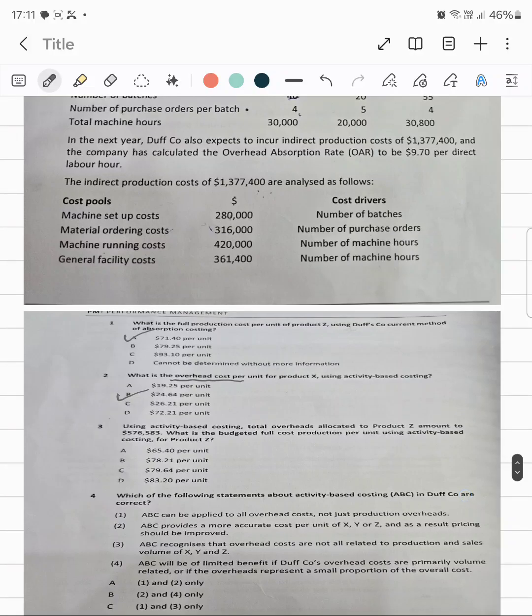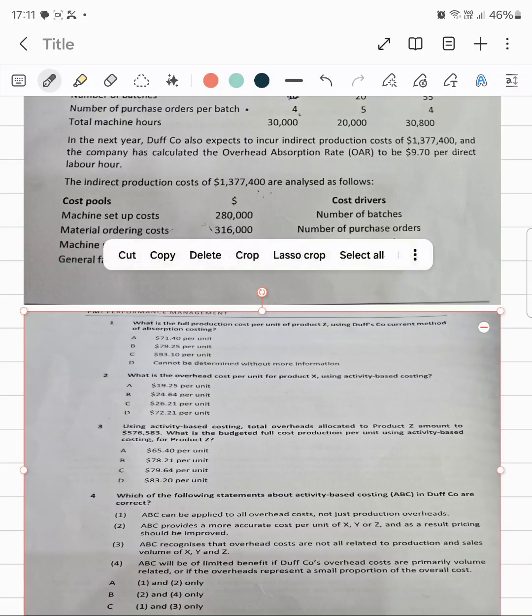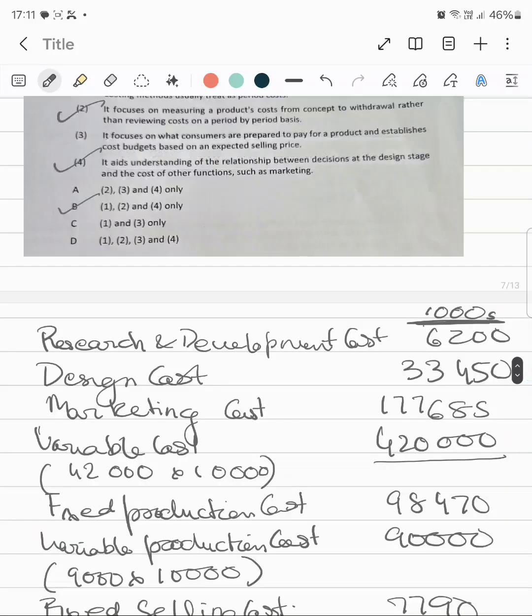It is asking us the full production cost based on activity based costing, but I think this is only written to confuse us, because it has already calculated the total overhead cost as per the activity based costing method.